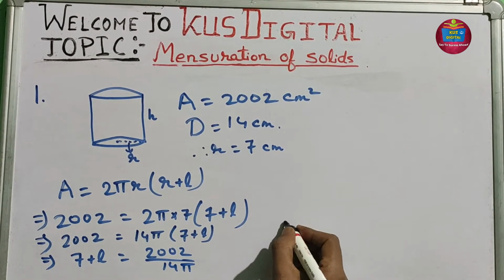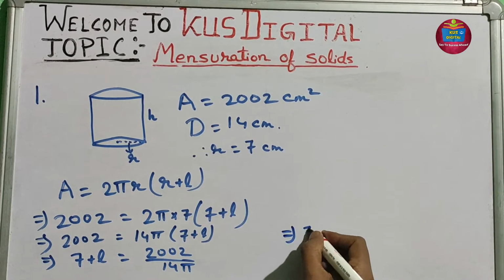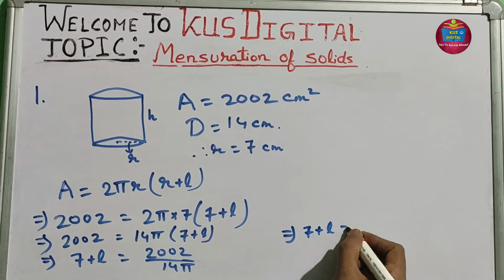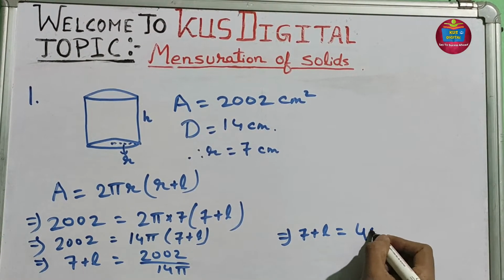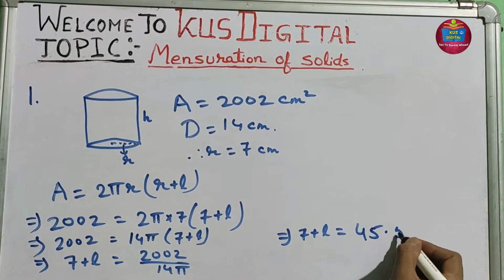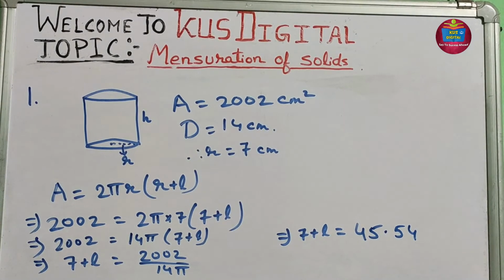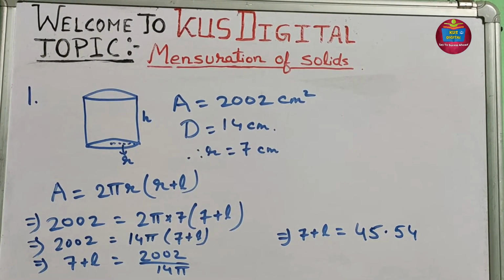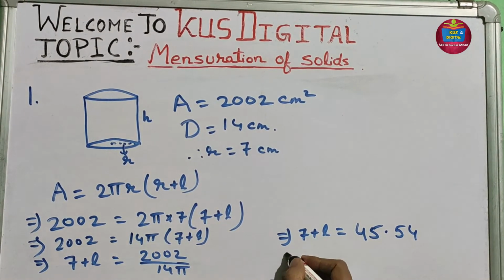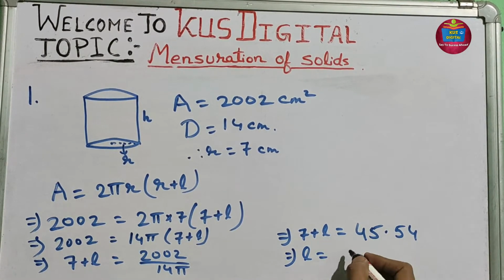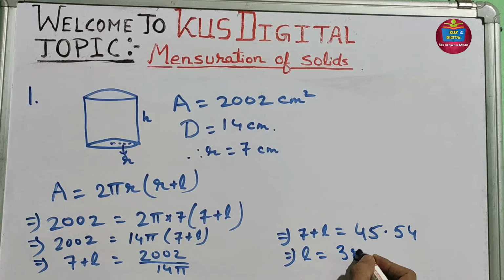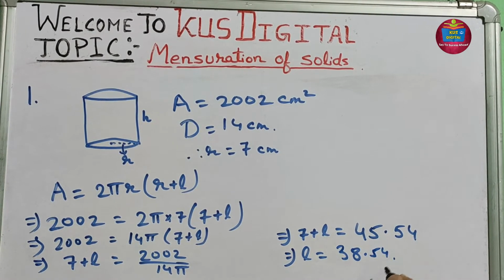Okay, now come to this side. 7 plus L equals to, so after solving this it will come to be 45.54. Okay, now L equals to 45.54 minus 7, so that will be 38.54.